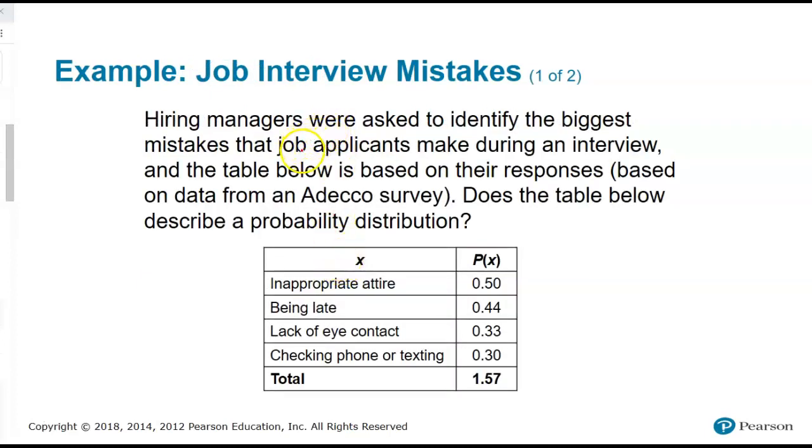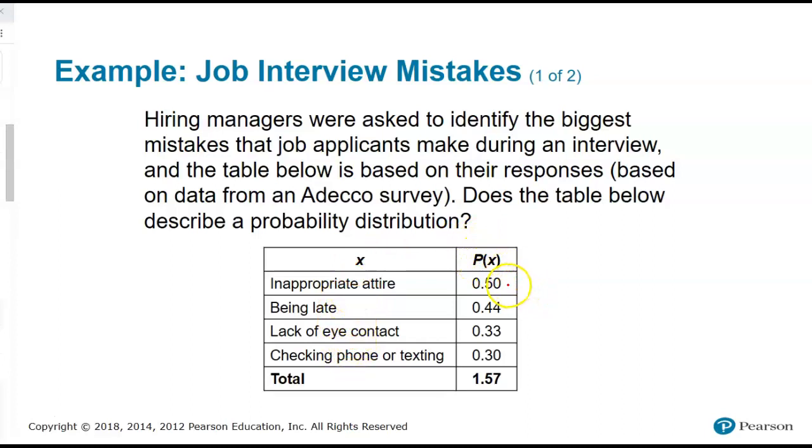Okay, here's a probability distribution. You're asked to determine if it is one, as it may or may not be a probability distribution. If we look at this, first of all, your x should be numbers. So that's the first place it's going to fail, is that your random variable is not numeric.